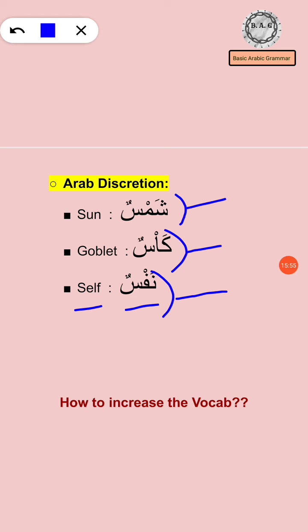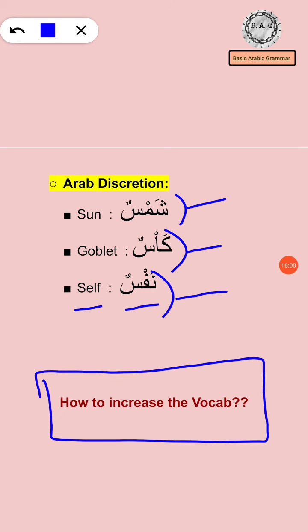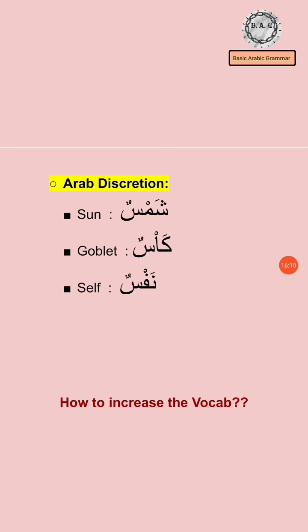Okay. Now, a common question that I come across is how to increase the vocabulary. The answer is simple. The more you read, the more you come across new words, and that increases your vocabulary. So when you're reciting, obviously our Arabic vocabulary isn't too good, okay?